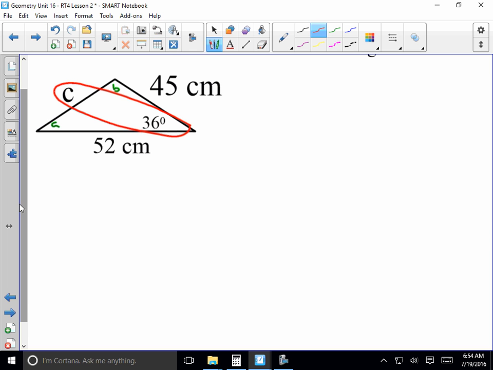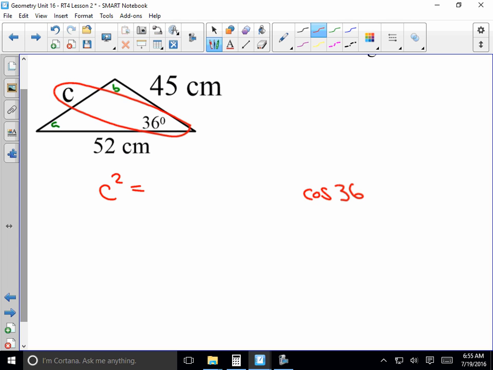So now, the important part in this situation is these two pieces are paired. The C has to be left by itself on the left, that missing piece or the side across from the angle that you're working with. And then we have to have the cosine of 36 tagged on to the opposite side.